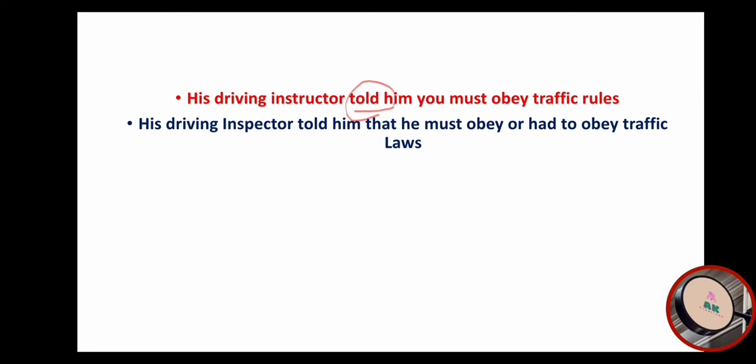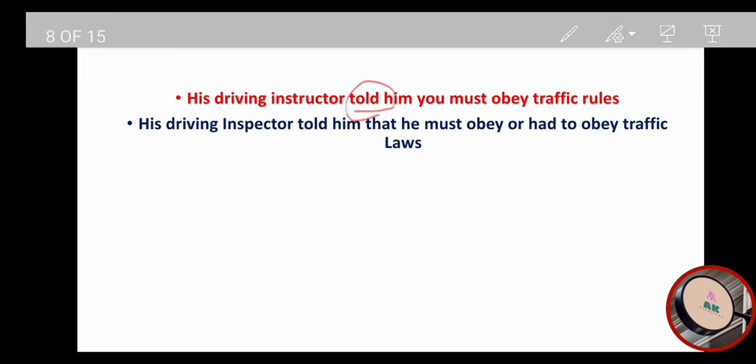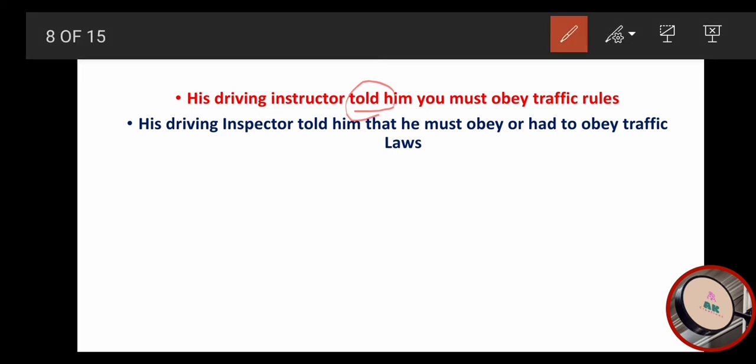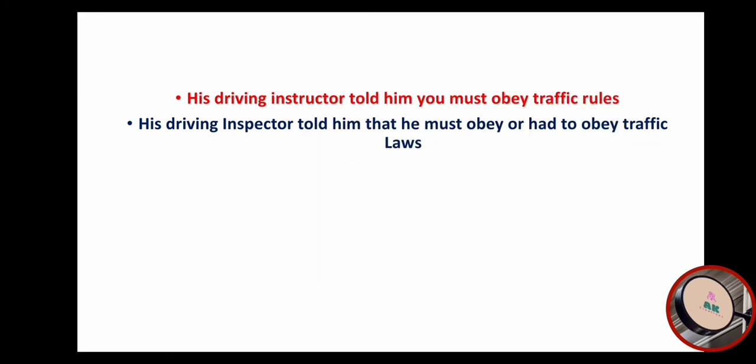Him will be he. You must will be he must obey, or had to obey. If you don't want to use must obey, you can change it to had to obey. It's up to you, and you should know the main thing, that is sentence structure.